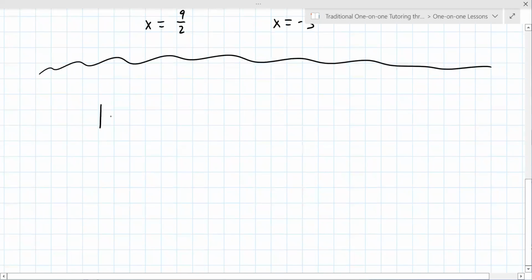Let's go absolute value of 9x minus 4, minus 6 equals, sorry, just losing track here. What I want to give you. Eight. Let's do that. Okay, could you solve for x, please?